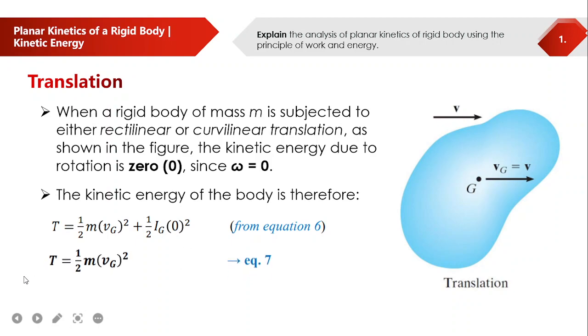So, therefore, your kinetic energy, kung yung object mo ay nag-move ng translation, either rectilinear tsaka curvilinear, no? Pa-curve siya or straight line path, no? Either way, ito yung gagamitin mong formula to solve the kinetic energy of that object.